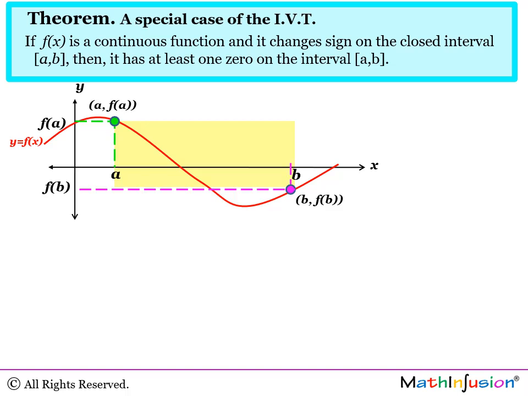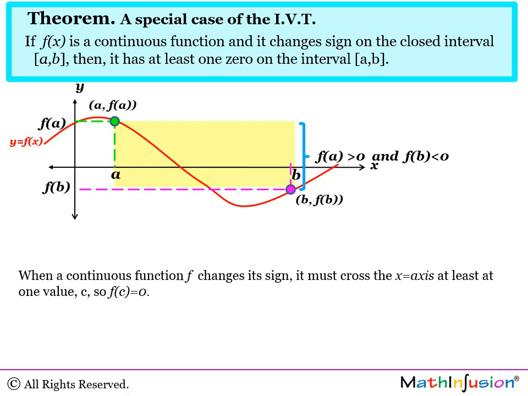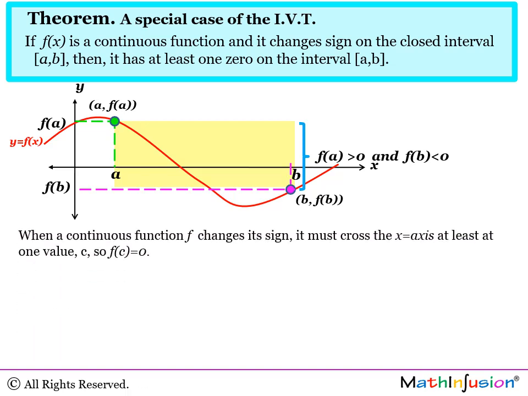Now we take a very specific value between f(a) and f(b): the y value when y equals 0. Because the function changes sign, y equals 0 is always between f(a) and f(b). It means that the graph has to cross the x-axis. It means there is some value c of x for which f(c) is 0.